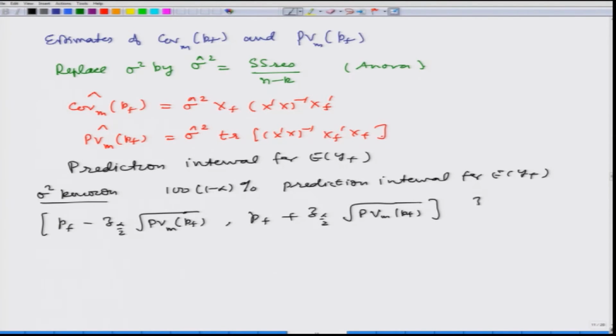Here, the value Z alpha by 2 is obtained from the normal 0 1 tables.